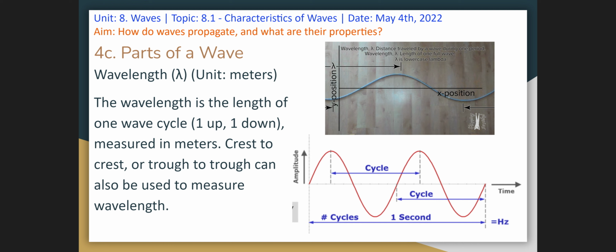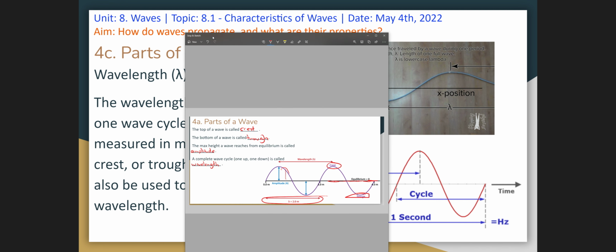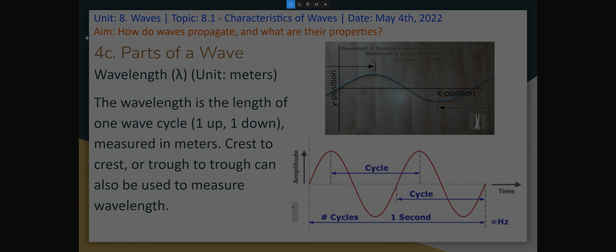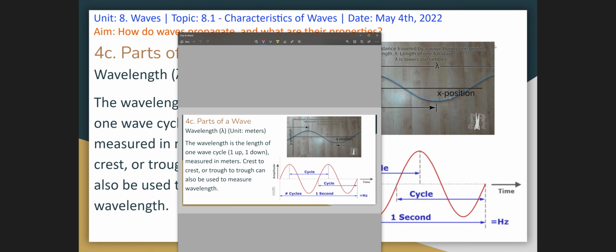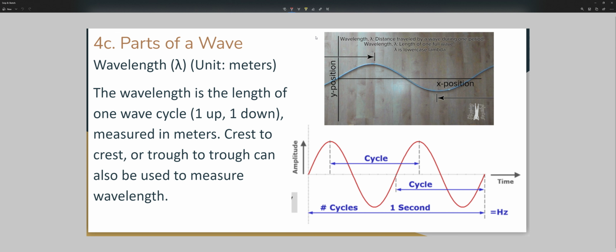Wavelength. Essentially, wavelength is just the length of a wave cycle. As the wave is moving, you can classify it as one up, one down.